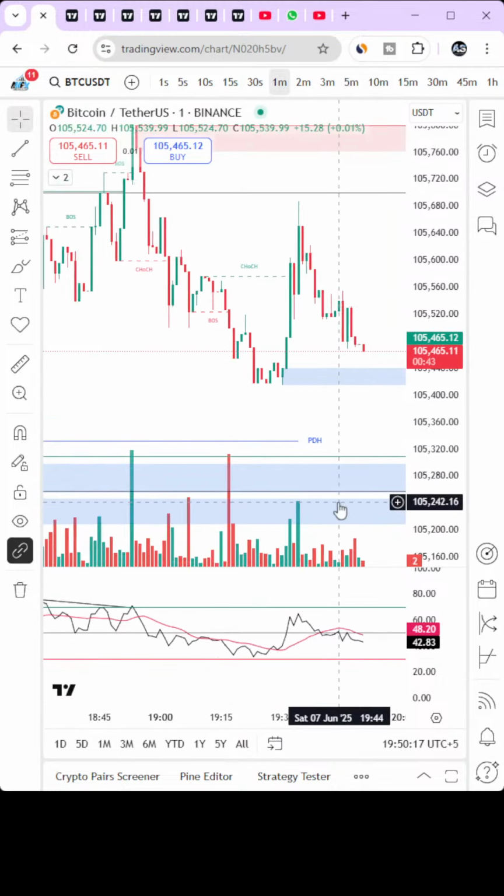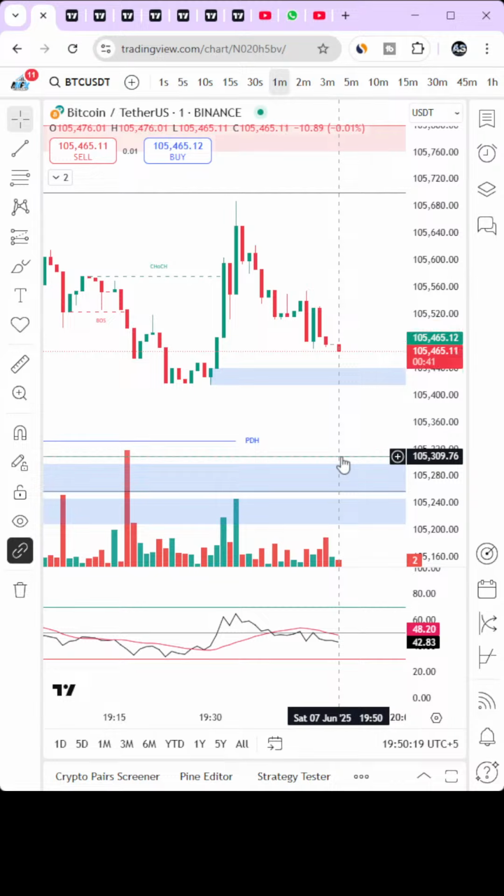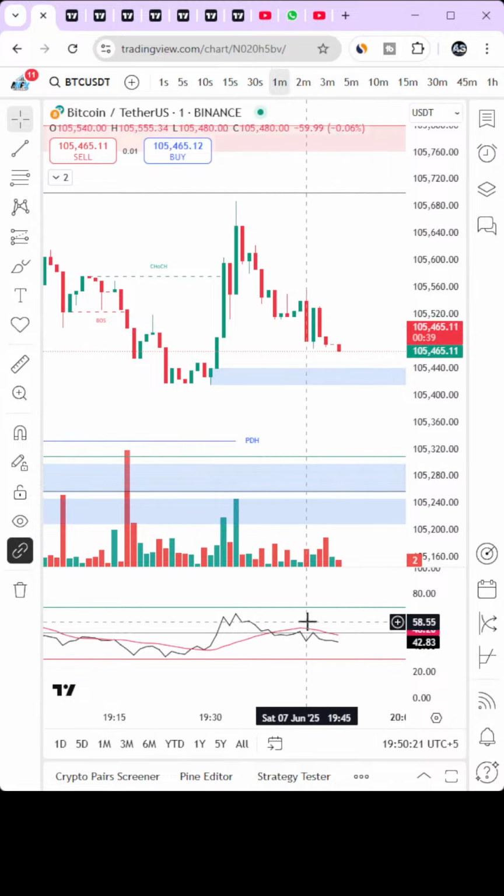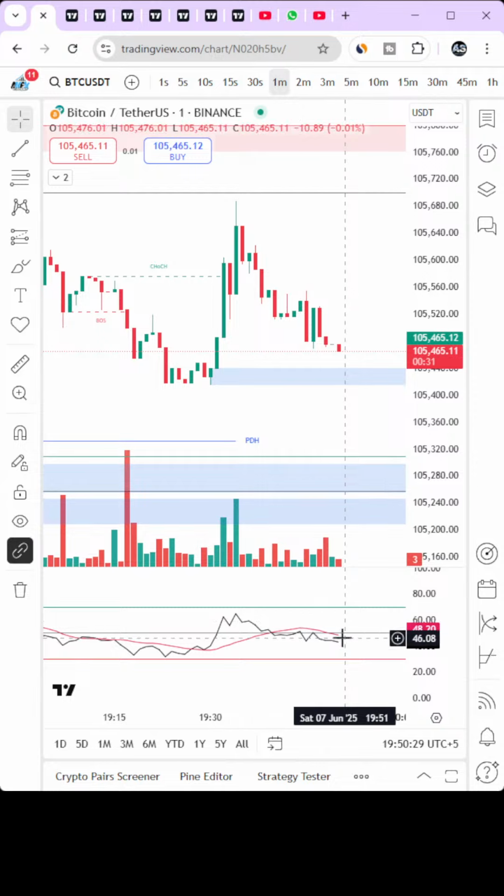What is happening in the 1 minute time frame? The 1 minute time frame also has bearish signs, and the pink line in 1 minute is also over the black line.